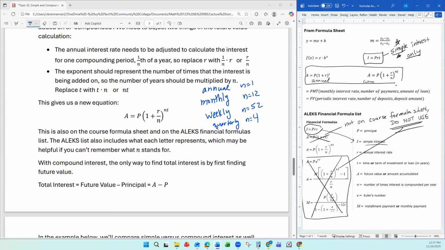This is other compounding, n times per year. The ALEKS list only has the one with n, and it tells you on the ALEKS list what n represents. So if you have trouble remembering that, it does give you that little bit more information.